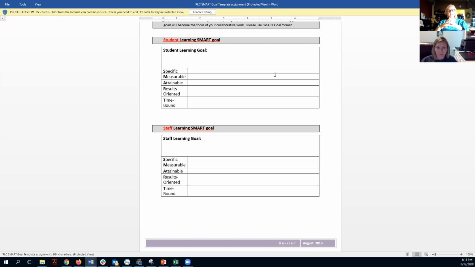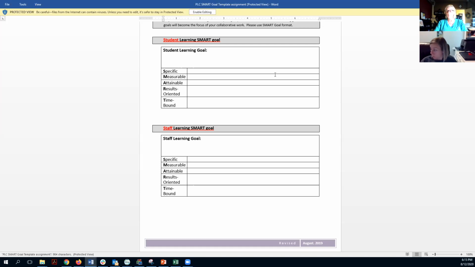So again, it doesn't have to be really long, but listen to my goal again, and hopefully you'll hear each one of these pieces. Students will be able to solve multi-step algebraic, or multi-process, I guess would be better, algebraic equations with 95% accuracy by the end of the second trimester as measured by the state end of course assessment test.